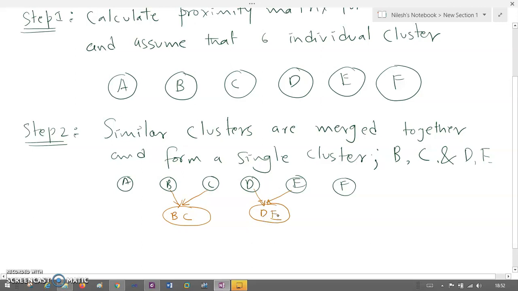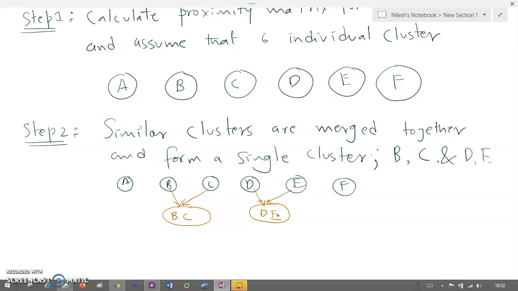This is the second step. Okay, so you can understand that B and C and D and E have similarity, which we can get with the help of the proximity matrix, and for that reason we cluster them into one cluster B, C and D, E.